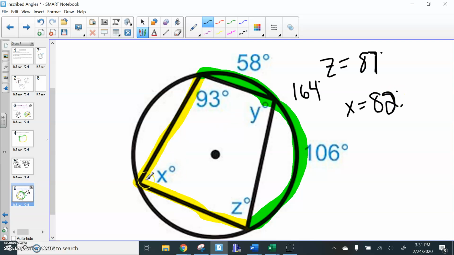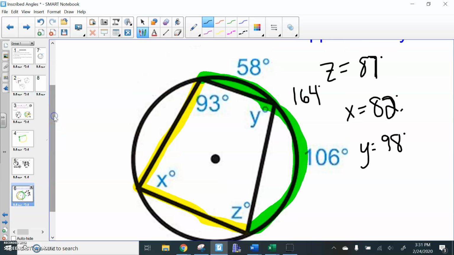Okay, now if x is 82, y and x have to add up to 180. So if x is 82, then y has to equal 98 degrees. Okay, that's all I've got for inscribed angles of a circle.